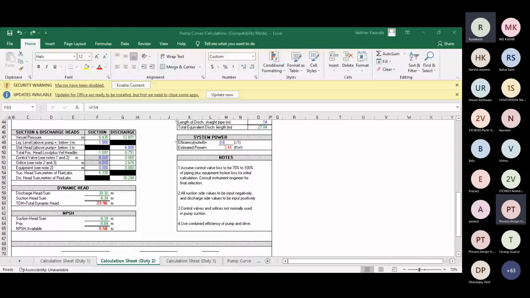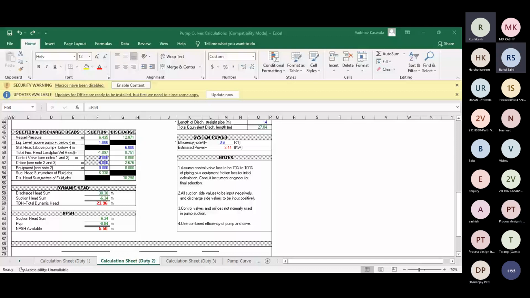But if your discharge line is very small, suppose it is 15 NB, half inch, then what will happen? Your velocity head is higher, your frictional loss is higher. So your pump differential head will be higher for that case. You will require 50 meter of head to pump that 10 meter cube of flow rate. Suppose if you increase the line size from 15 NB to 25 NB, then you will require comparatively lesser head to pump that 10 meter cube of flow rate. Clear?